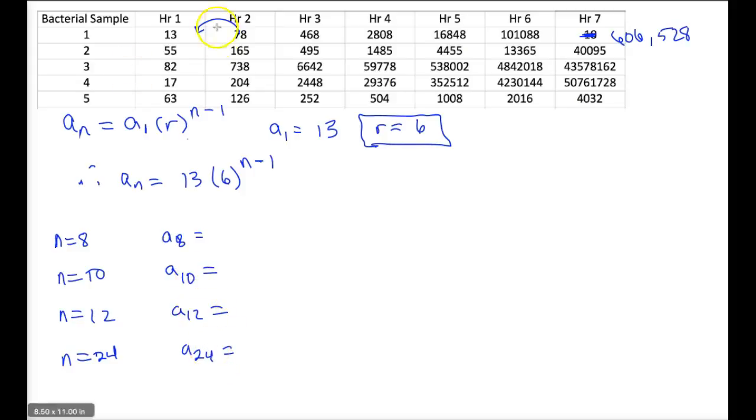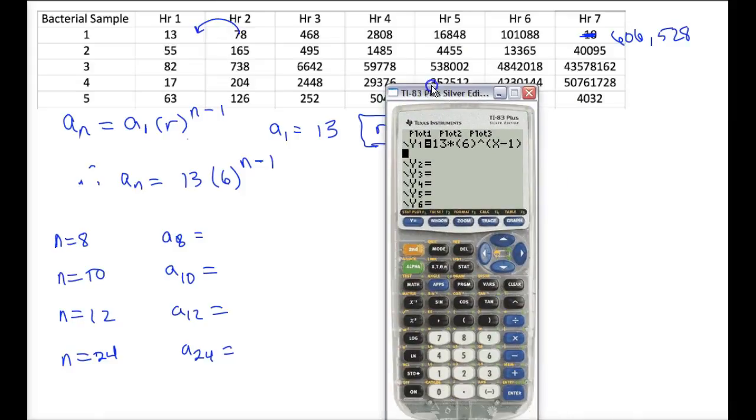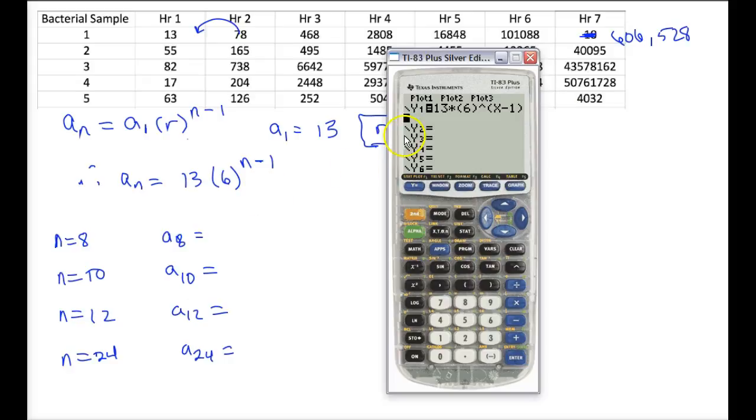Okay. Now I'm bringing the calculator back. We want to make sure that we can actually calculate this function for all of these values. So we go to window to make sure that can happen. What's important to us is the x min and the x max. The numbers 8, 10, 12, and 24 do not all fit between negative 10 and 10.